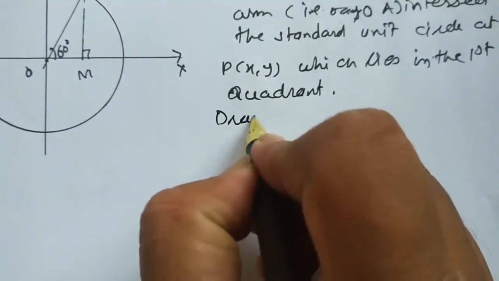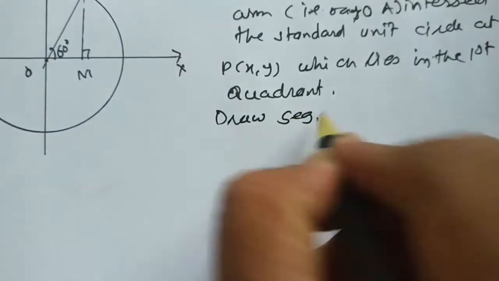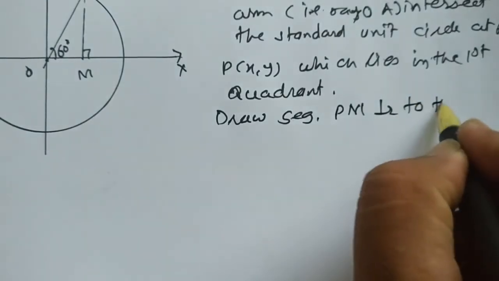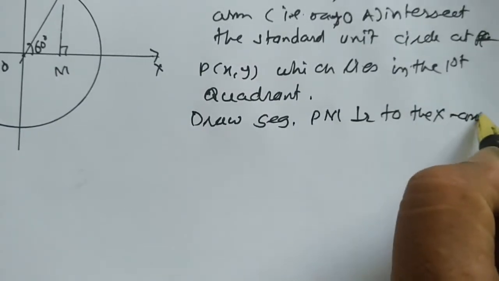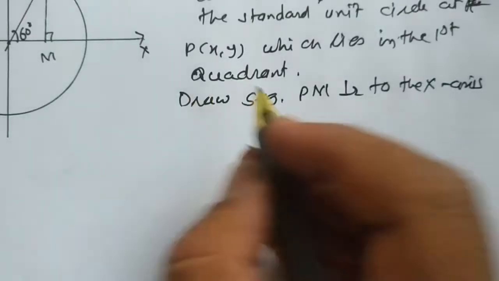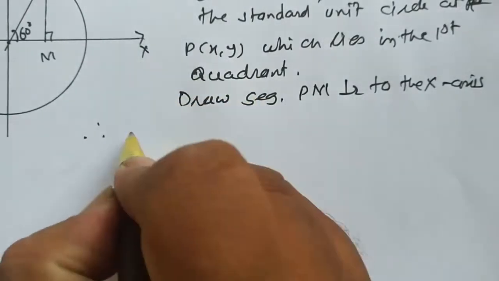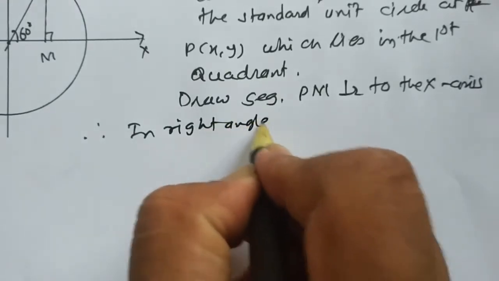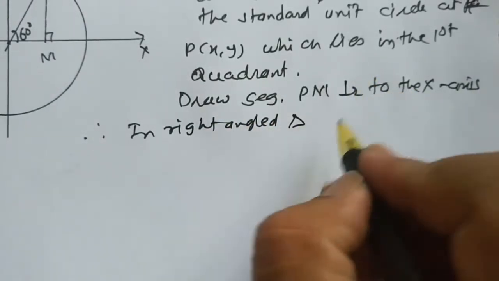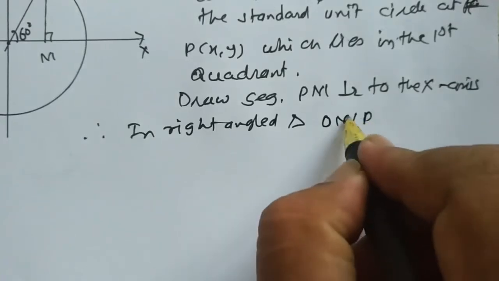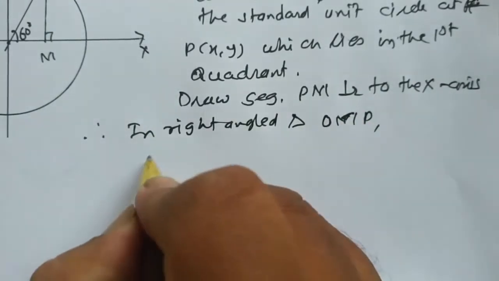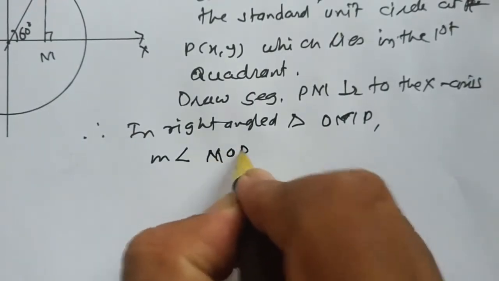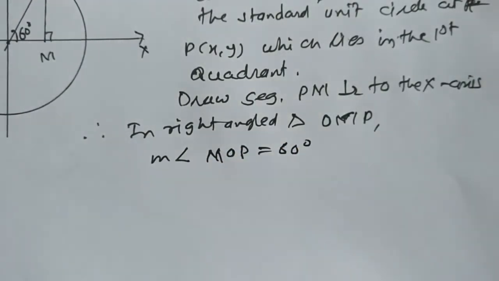Draw segment PM perpendicular to the x-axis. Therefore, in right angled triangle OMP, measure of angle MOP is 60 degree.